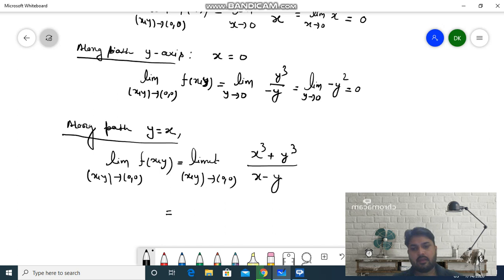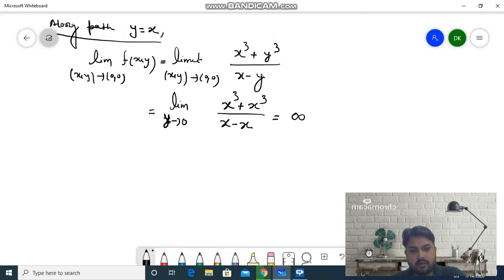If we put y equal to x, then it becomes limit x tends to 0, in place of y we will use x, so x cube plus x cube and x minus x. Since x minus x is 0, so it becomes infinity. That means the limit does not exist or is not finite.